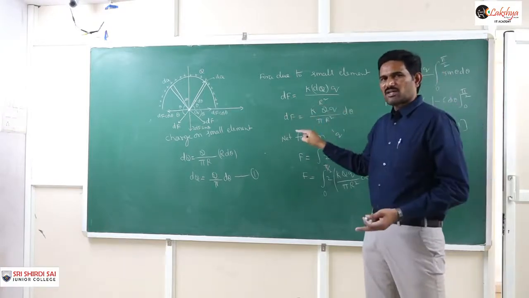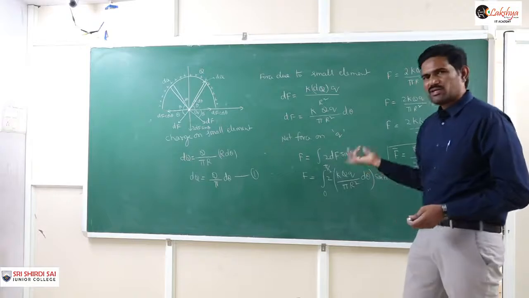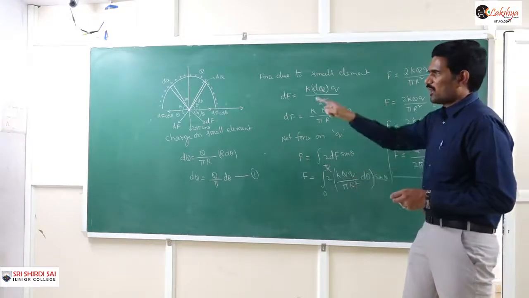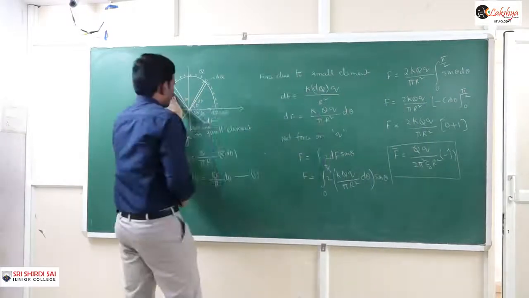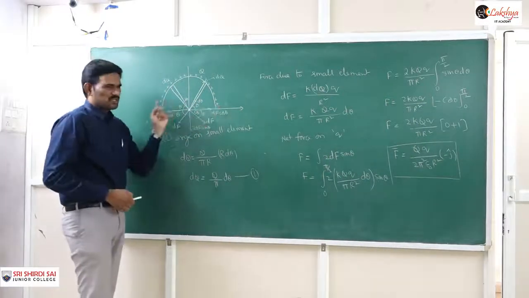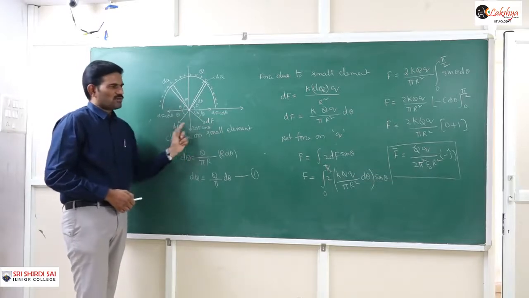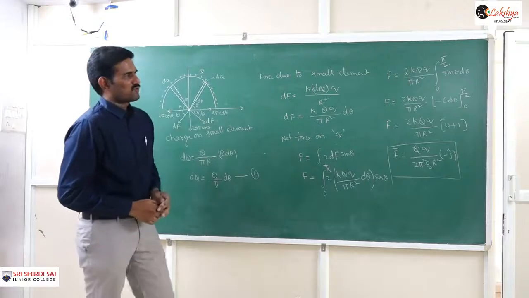If they are in different directions, you can resolve them into components and integrate the x component and y component separately. Or if the object is symmetrical like this, you can cancel identical elements, so that one component will be cancelled, and the net force direction will be only in one direction. So only this component you can integrate here to find the net force. So that is the procedure to find the force.